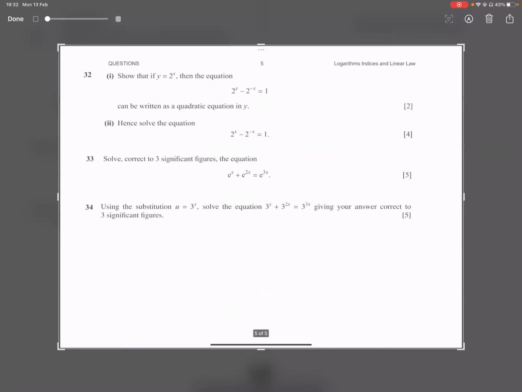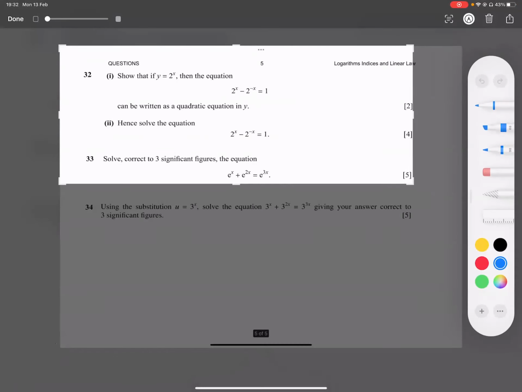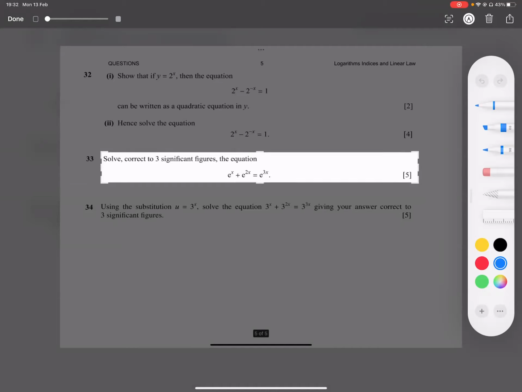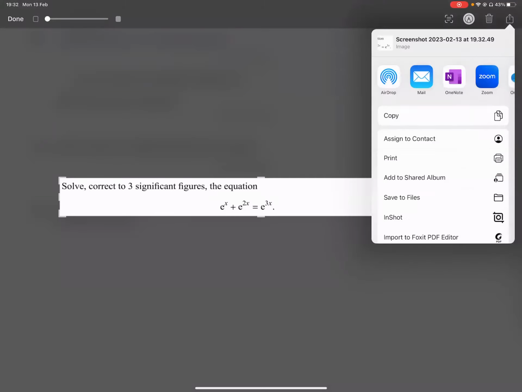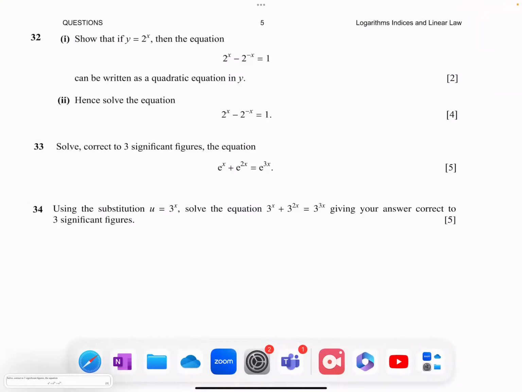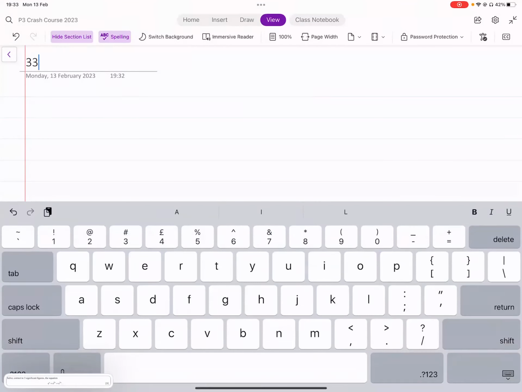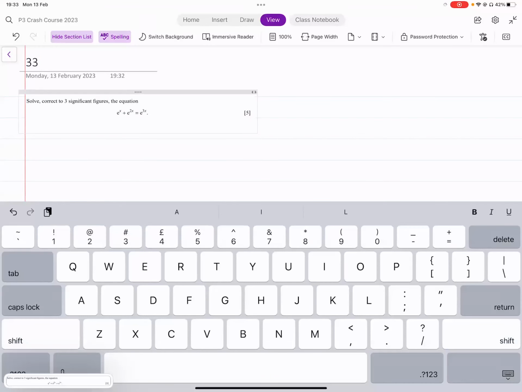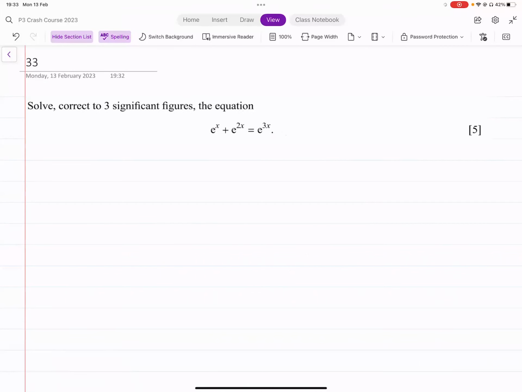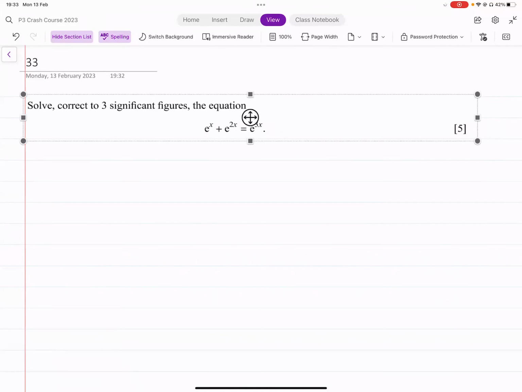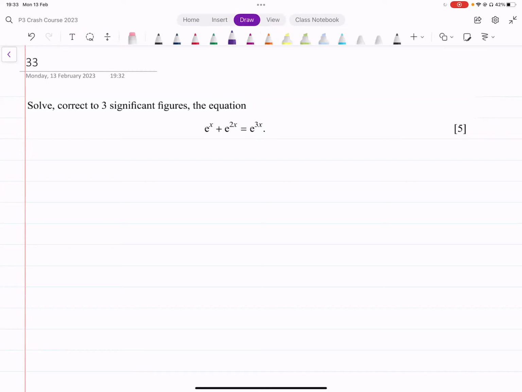Question number 33 from the worksheet. This says solve correct to 3 significant figures this equation. Now, what's the equation? It's e power x plus e power 2x equals e power 3x.